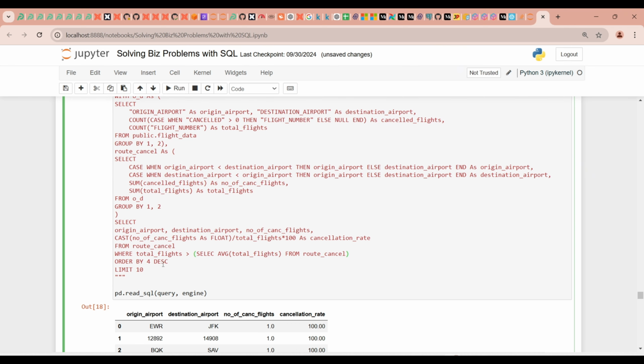Order by one, two, that's the cancellation rate. Then limit by 10.